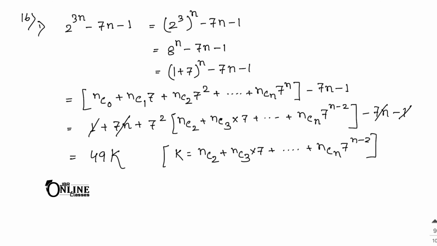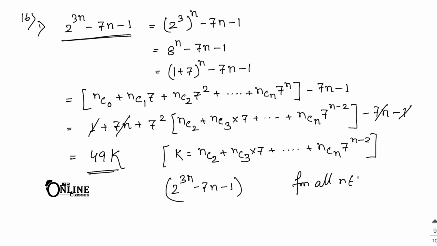So as the given expression is equal to 49k, definitely it is divisible by 49. So 2 to the power 3n minus 7n minus 1 is divisible by 49 for all n belongs to N. It's proved.